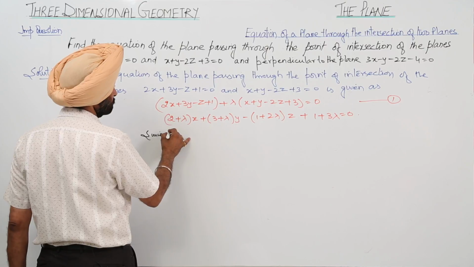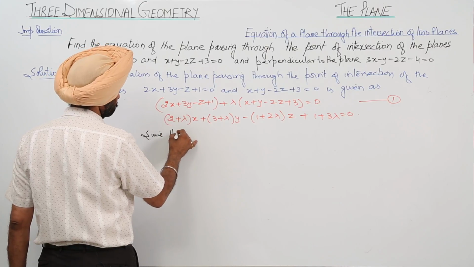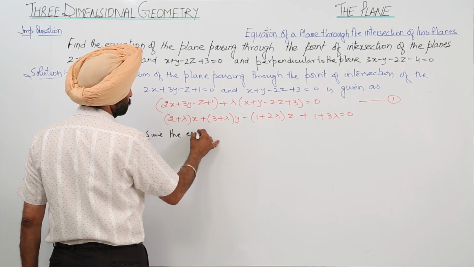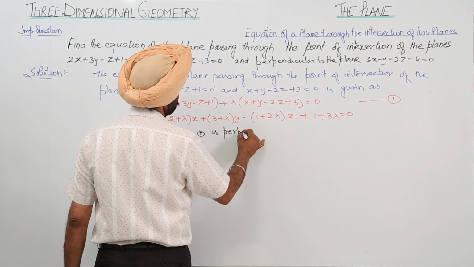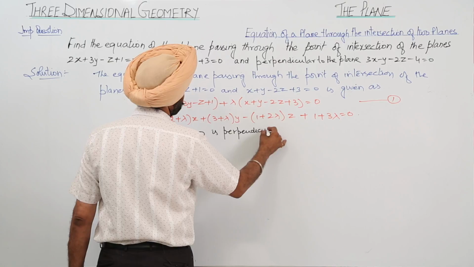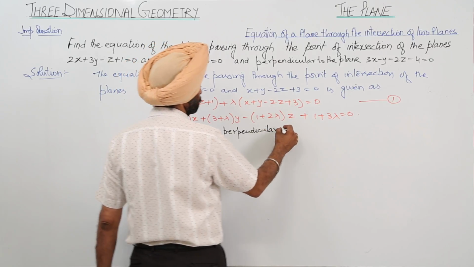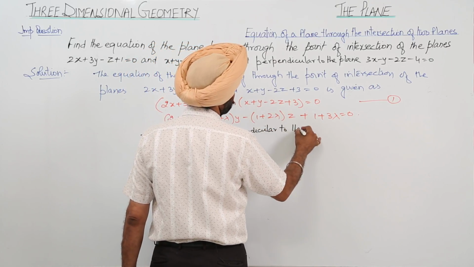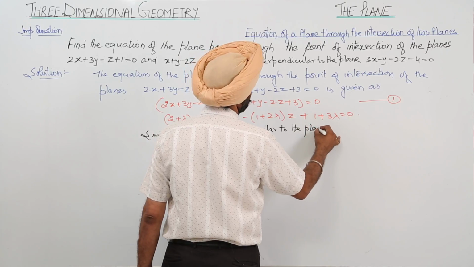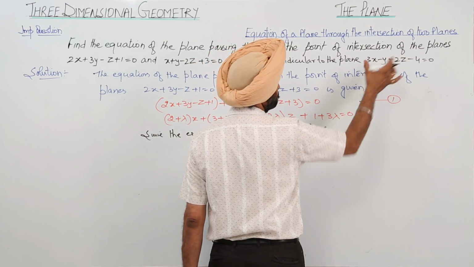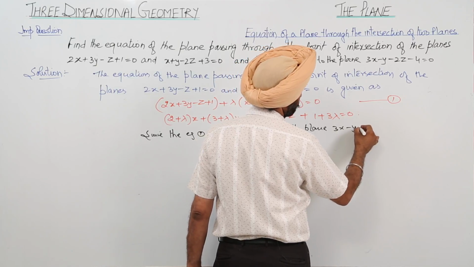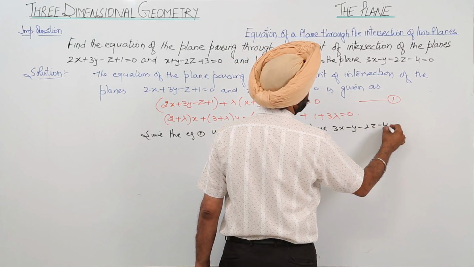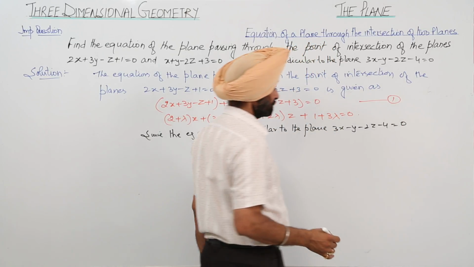Since equation 1 is perpendicular to the plane, to this plane, it is 3x minus y minus 2z minus 4 is equal to 0.